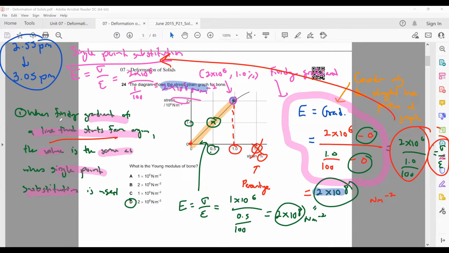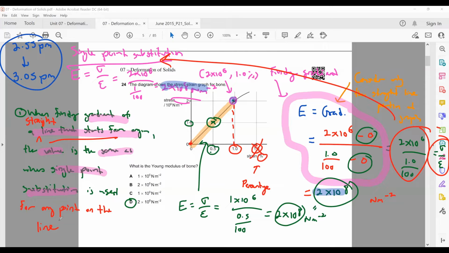Finding the gradient of a straight line that starts from the origin, the value is the same as when single point substitution is used for any point on the line. This is something I want to add in addition to what I wrote earlier. So just bear this in mind.